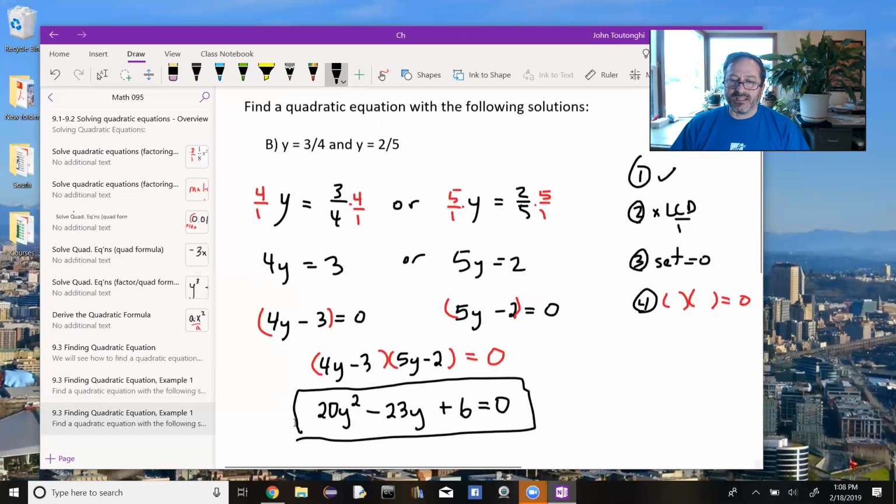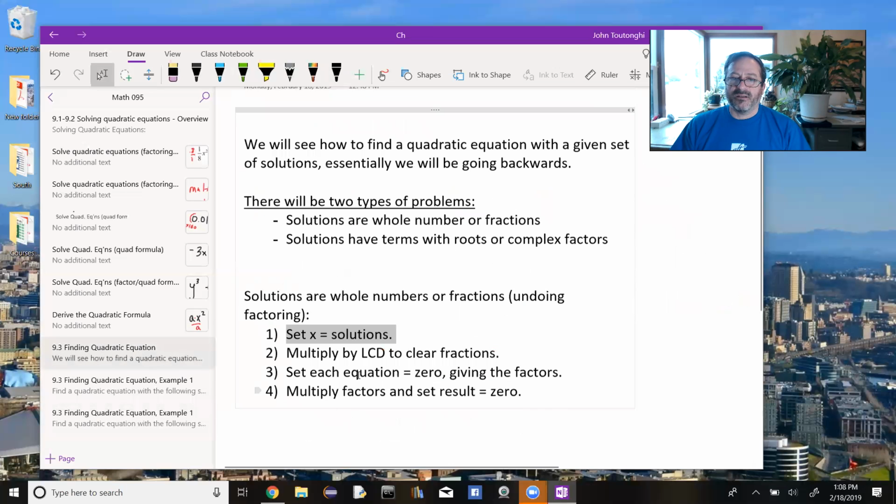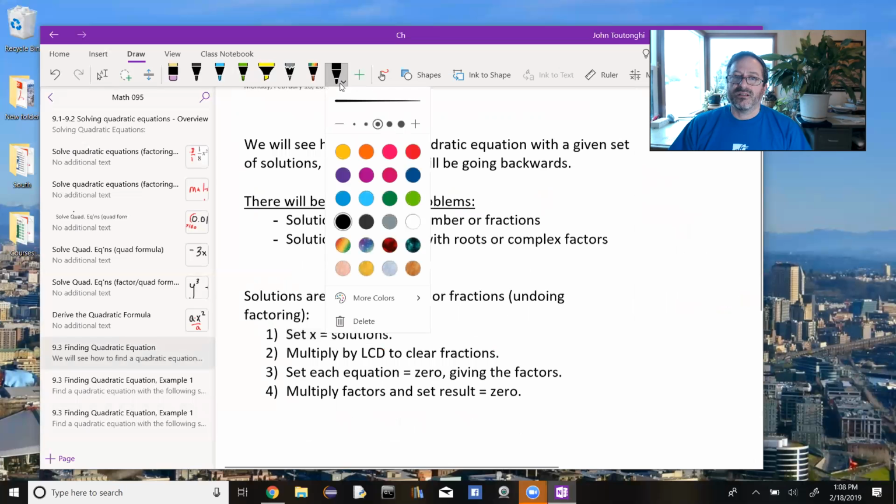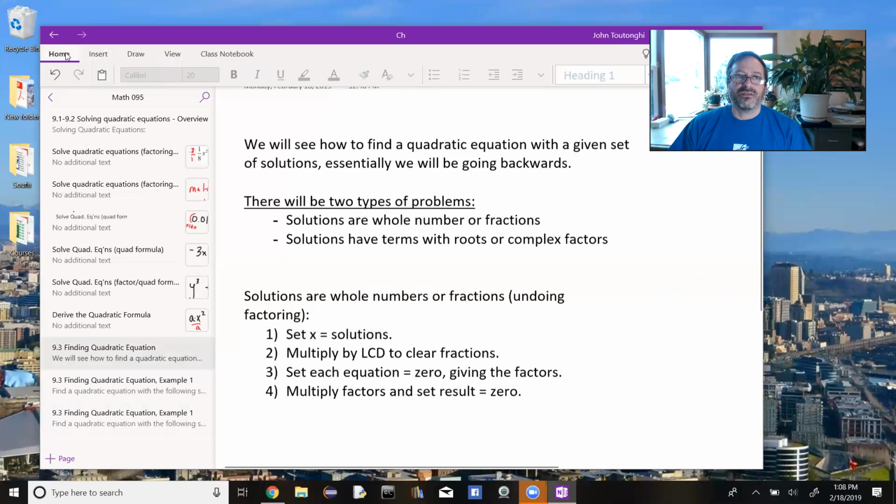Otherwise, I'm just going to go back to the start and recap the steps. So we've looked at finding quadratic equations whose solutions are whole numbers or fractions.